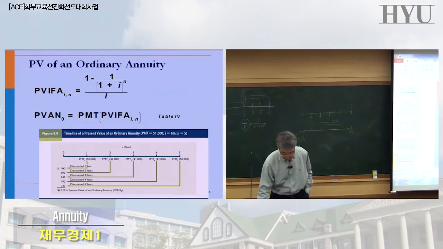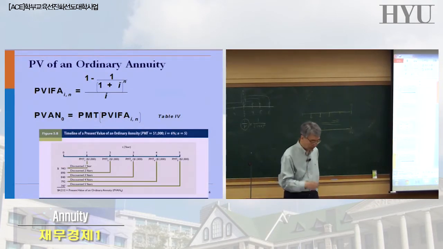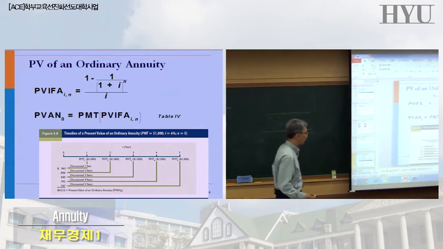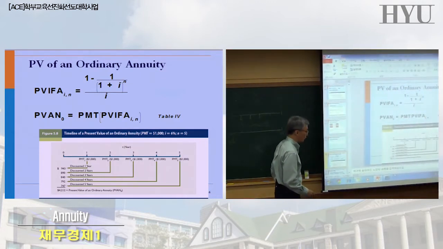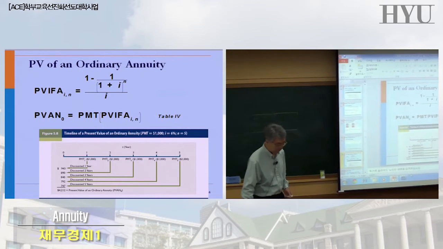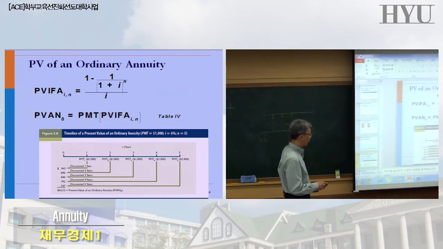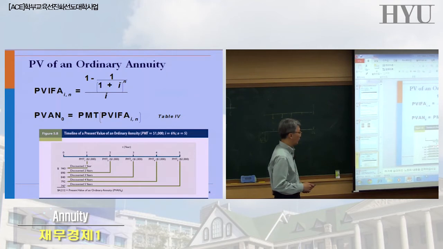Okay. So the present value is a similar concept. This time, instead of future value, we are trying to come up with the present value. Okay. So ordinary annuity means cash flows occur at the end of each period. So let's say we have a 5-year annuity here, a 5-period annuity, and you discount all the cash flows, and if you add them up, that's going to be the present value of annuity.